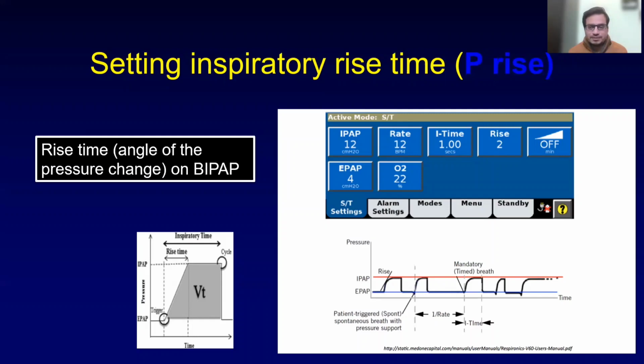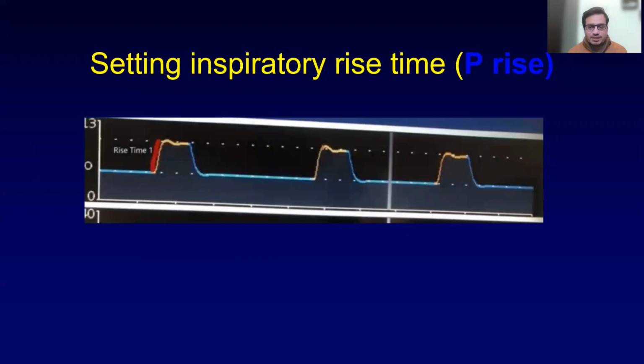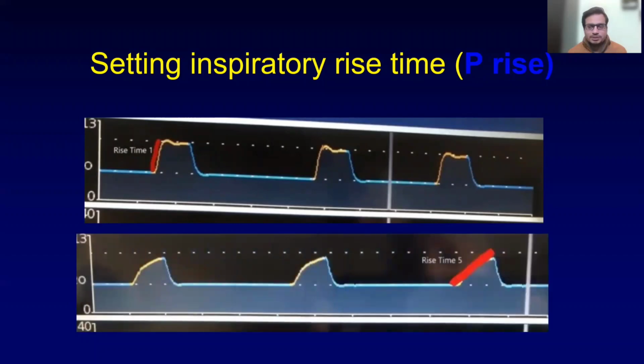Most BiPAP devices allow adjustment of the rise time, that is the angle of pressure change, from 100 millisecond to 600 millisecond, or sometimes level 1, 2, 3, 4, 5. Setting the rise time can change the shape of the pressure waveform. A faster rise time setting 1 can result in a square waveform, whereas a slower rise time setting 5 will be more of a sinusoidal pattern.